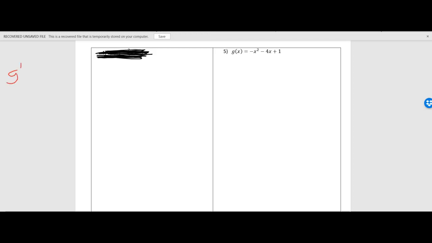We're trying to find g prime of x, so that's equal to the limit as h approaches 0 of g of x plus h minus g of x all over h.